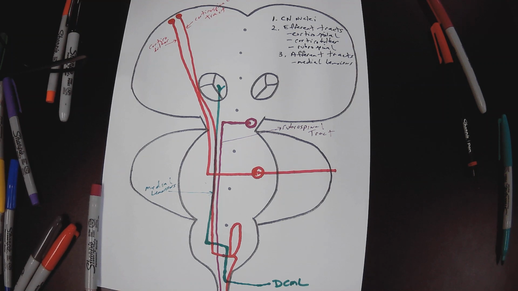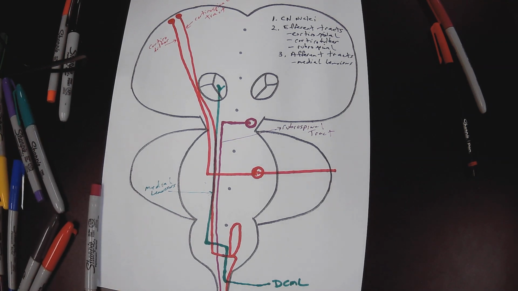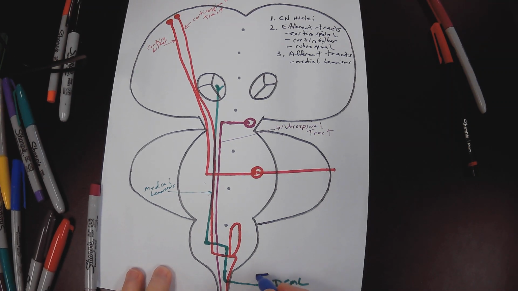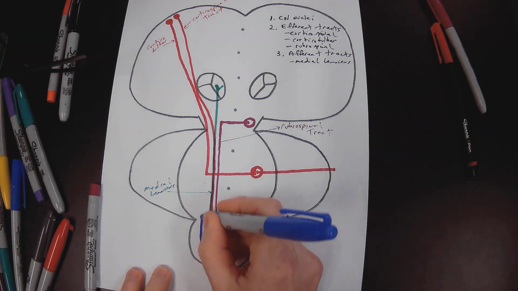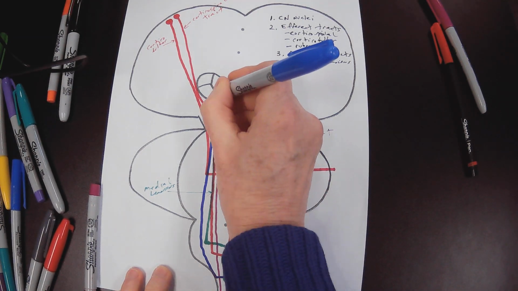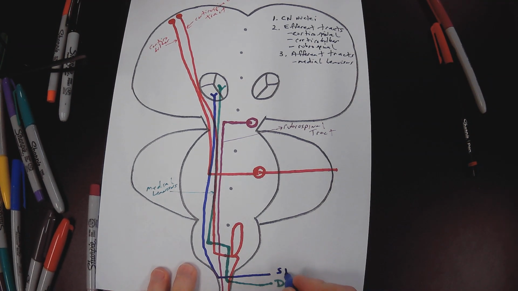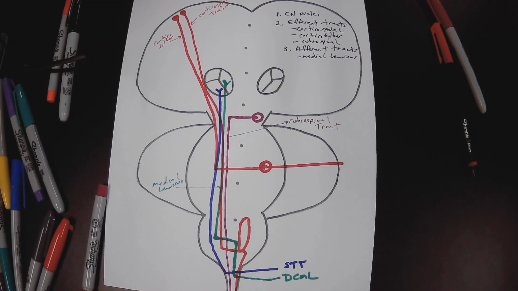It's the other major afferent tract that we talked about for somatosensation. Spinothalamic tract, right? So your spinothalamic tract looks a little bit different. It's going to come in and then immediately decussate in the spinal cord and then travel all the way up to the thalamus. And that's going to be your spinothalamic tract.